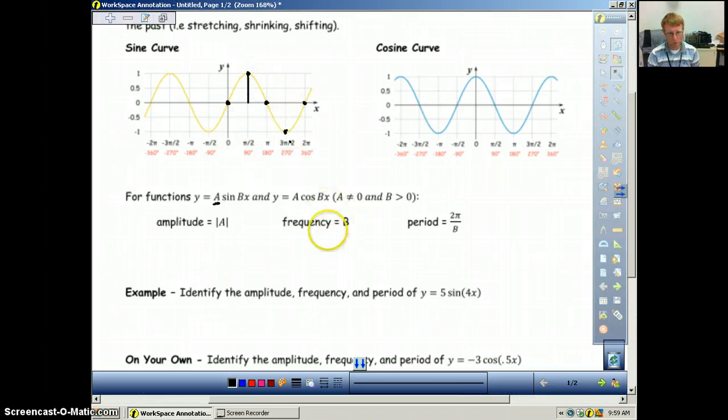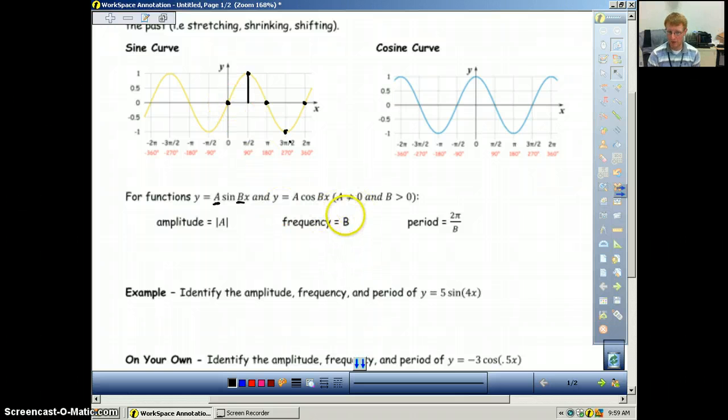The frequency, that is going to be the b. Anytime you have a number in front of your x, that's the frequency. If I asked you what the normal cycle of a sine function is, hopefully you would say it's 2 pi or 360 degrees. In other words, it goes through an entire period or an entire cycle in 2 pi.